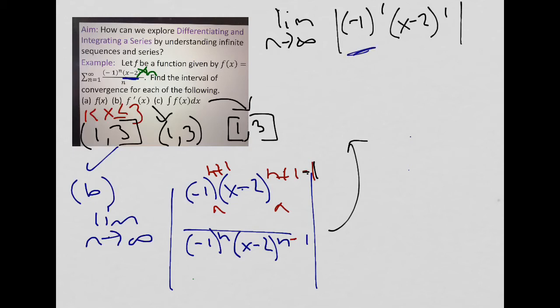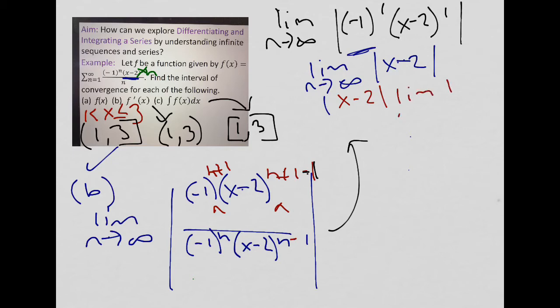This is just going to be 1 because it's the absolute value. And the limit of this expression, we're treating this as a constant, so we could pull this out in front of the limit, because it's as n approaches infinity. If we factor that out, we'd end up with a 1. So it's just the absolute value of x minus 2.